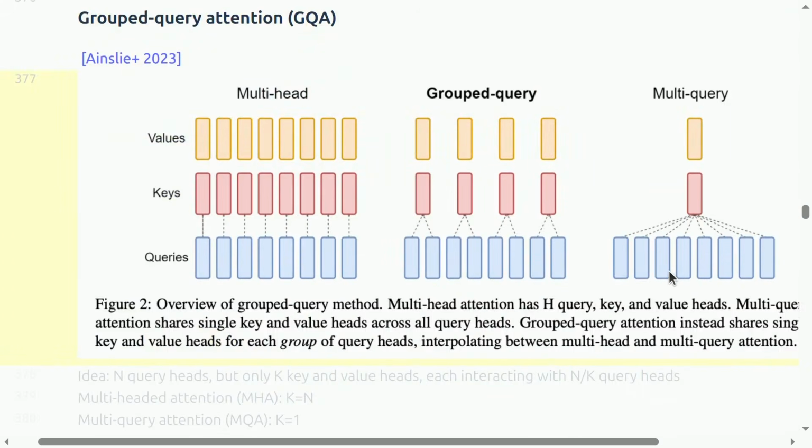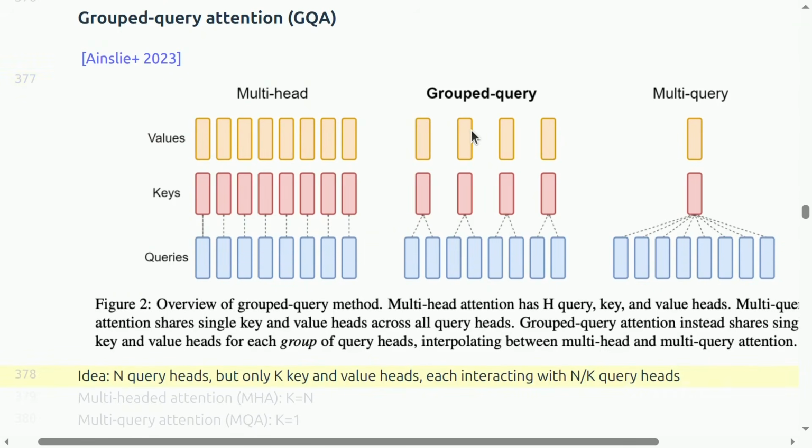And just as a reminder, in multi-headed attention, for every token you have a key and a value and a query. If you do grouped query attention, you compute the same number of queries, but you have only a smaller number of groups, and you compute key and value for each group.